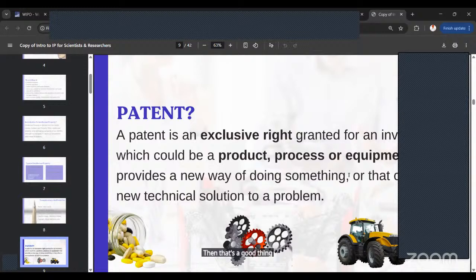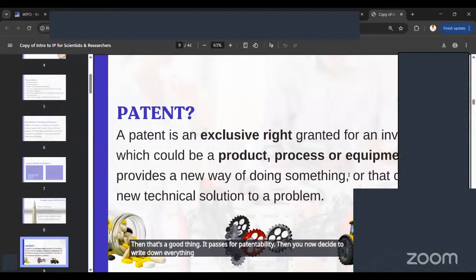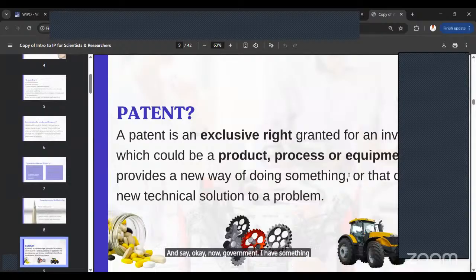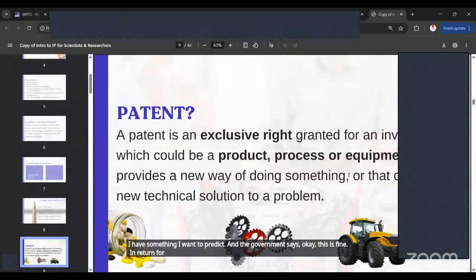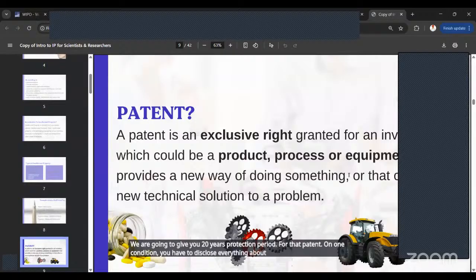It passes for patentability. Then you now decide to write down everything about this patent and say, okay, now government, I have something. Oh, brother government, I have something I want to protect. And the government says, okay, this is fine. In return for what you want to give us, we are going to give you a 20-year protection period for that patent. On one condition: you have to disclose everything about that patent to us.